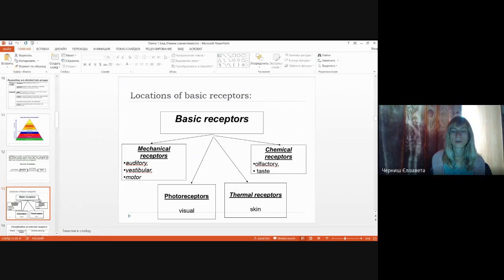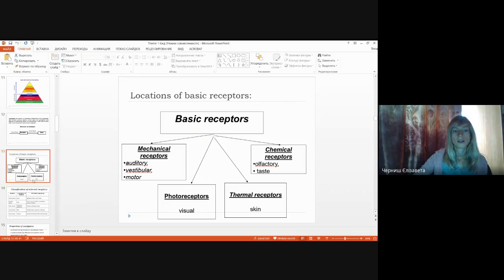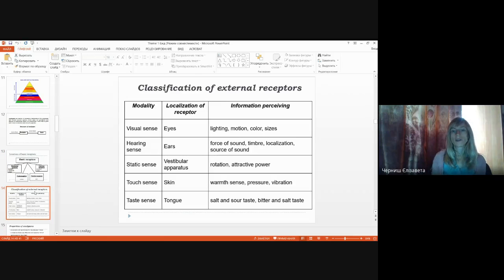All of these receptors form one complex, one unit that helps protect our health and also development. So, classification of external receptors. Modality: visual sense, for example, the eyes are the location of receptors, information perceived: light, motion, color, size.